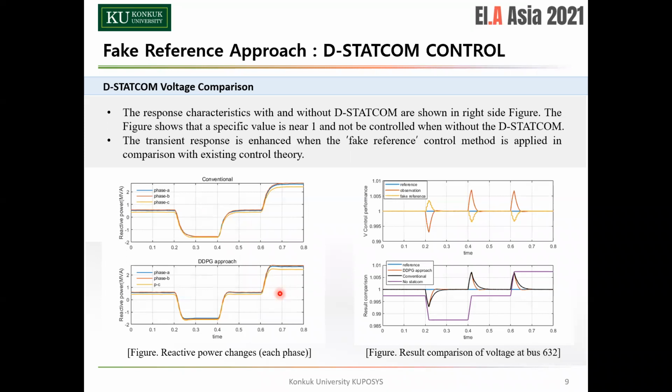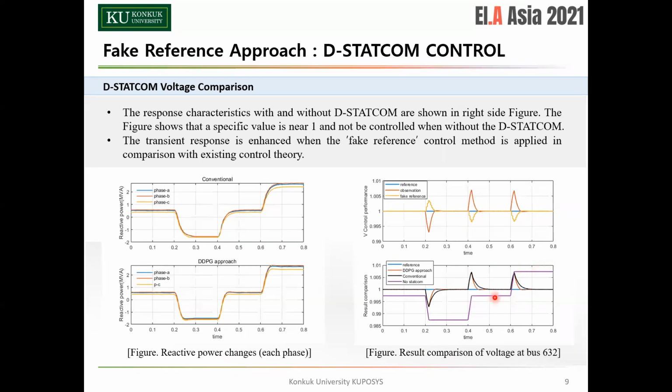In addition, you can see the reactive power of each phase depicted in the left side figure. The response characteristics with and without the D-STATCOM are shown in the right side figure, and the figure shows that the voltage is not controlled near 1 without the D-STATCOM.